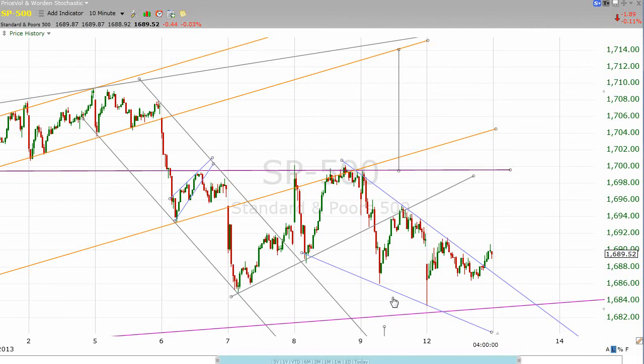And what I mean by that is it's not tight and compact, but I still think getting over this trend line right here looks to me to be a likely clue that the S&P now wants to reverse and at least get up and test that 1700 level again.